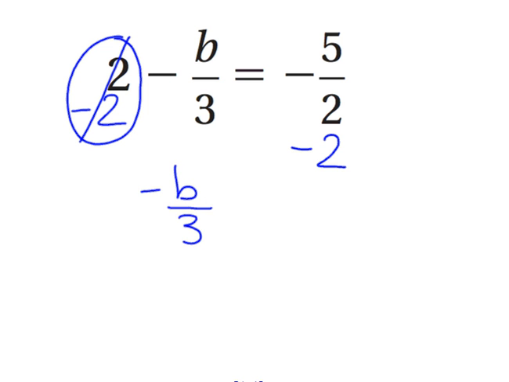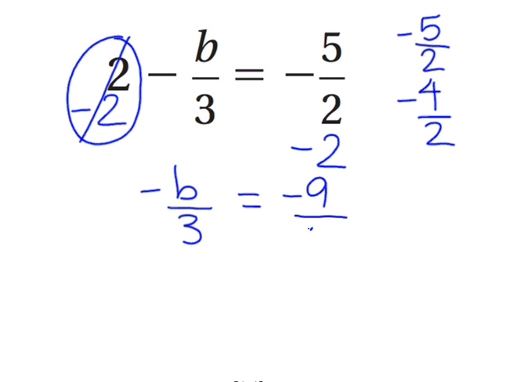So this is going to be negative b thirds equals, and then we're just going to subtract. So negative 5 halves plus negative 2. I could rewrite it as negative 4 halves. That still equals 2. That's going to come out to negative 9 halves.